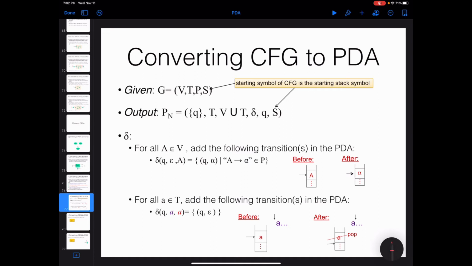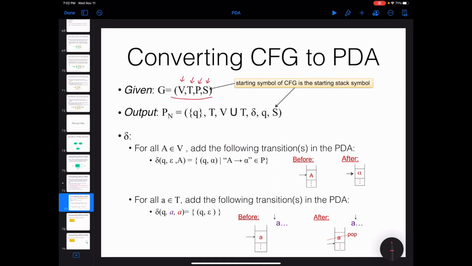The only thing that we care about is the transitions. We are going to create all the transitions in our pushdown automata using the rules that we have in our grammar. So what we have as the input is the grammar, which has a set of variables, a set of terminals, a set of rules, and the starting symbol in our grammar, which was one of the variables, right? We usually call it S.